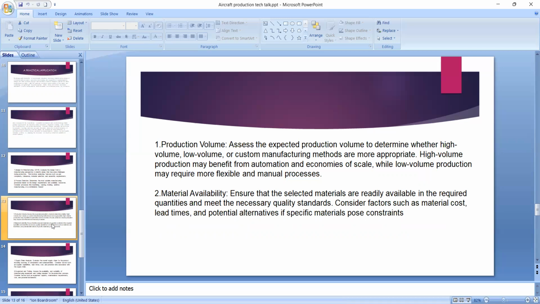Material availability: ensure that the selected materials are readily available in the required quantities and meet the necessary quality standards. Consider factors such as material cost, lead times, and potential alternatives if specific materials pose constraints.